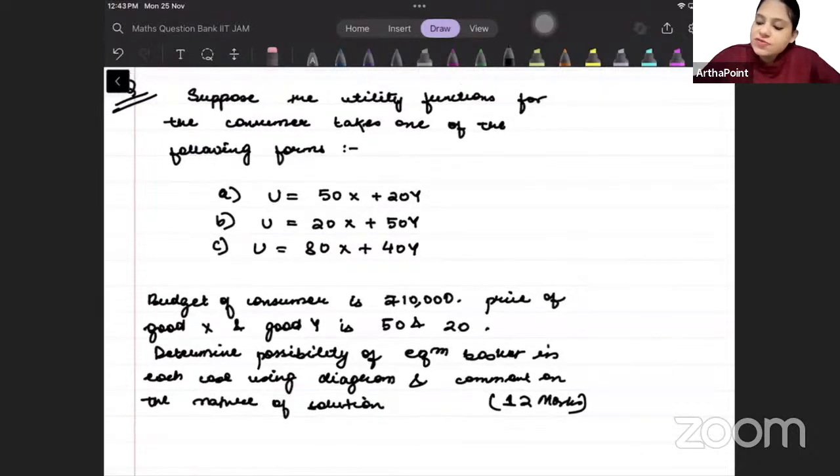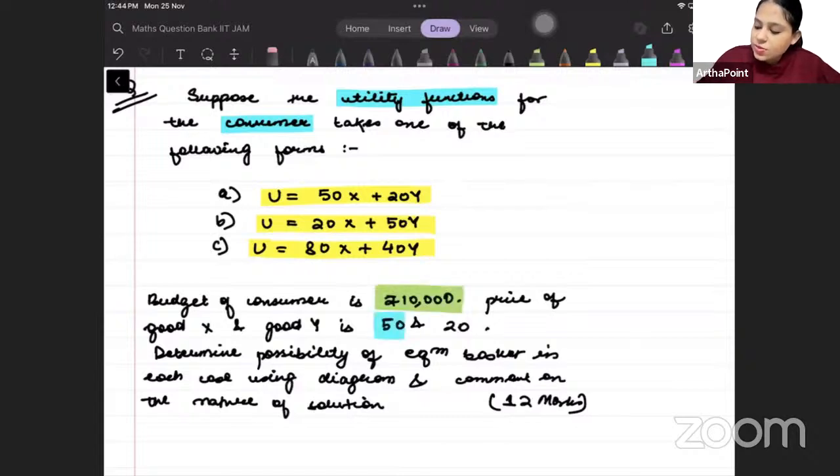You're given the utility function for the consumer, and 3 utility functions are given to you. You're also given that the income of the consumer is this and the prices of good X and Y are given. It is asking to find the possibility of equilibrium.